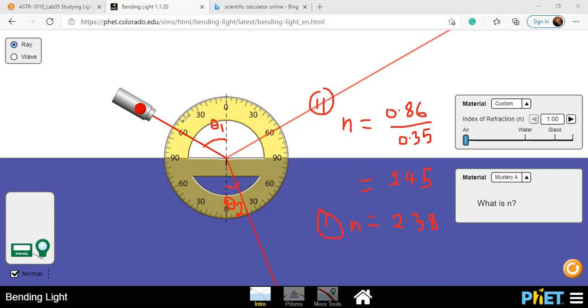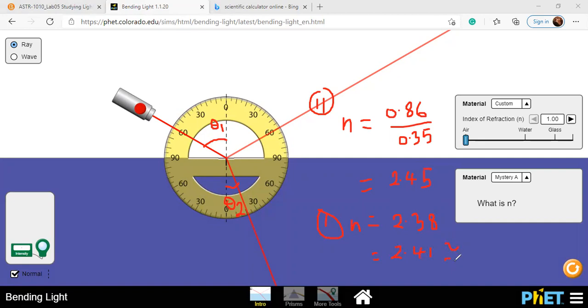In your analysis part, you have to find the average. Let me find the average of these two. If I add 2.45 with 2.38 and divide by 2, it is 2.41.